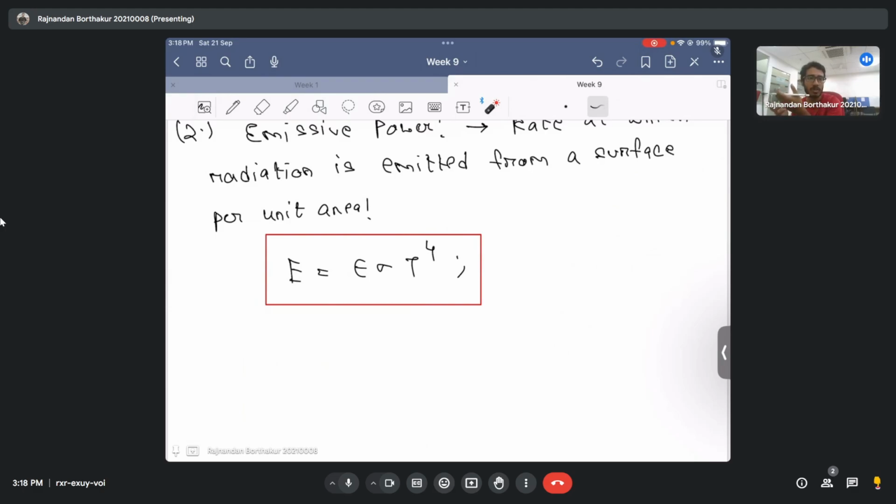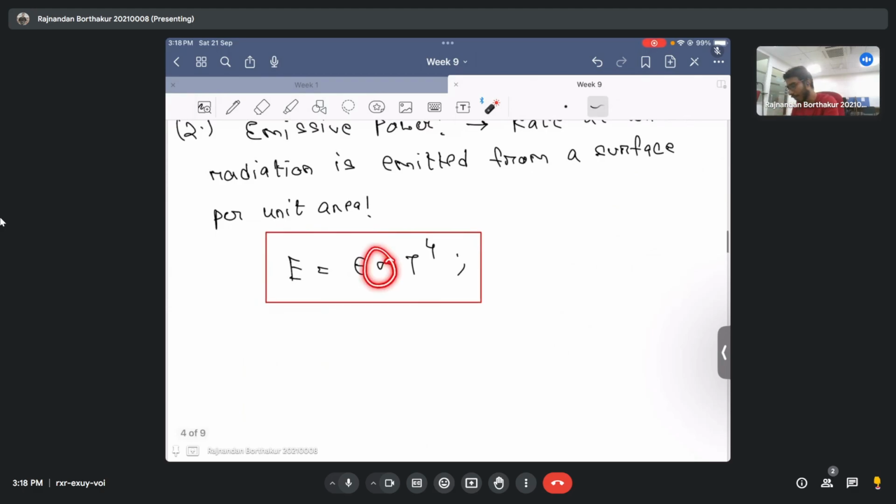From the Stefan-Boltzmann law, you can say that the emissive power is proportional to the fourth power of its temperature, and the proportionality constant is this sigma, which is known as the Stefan-Boltzmann constant.